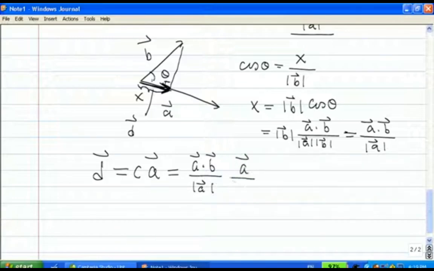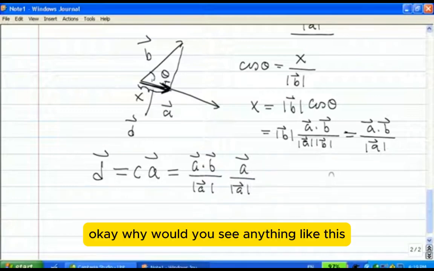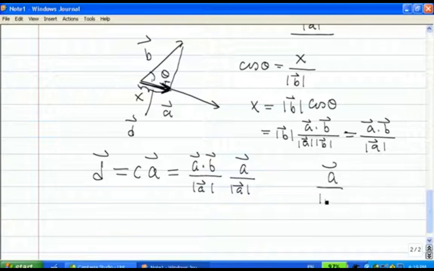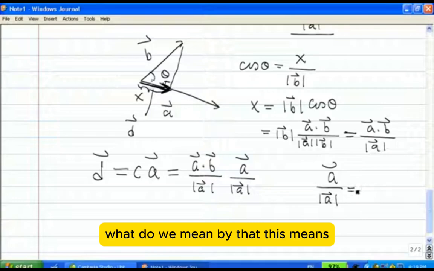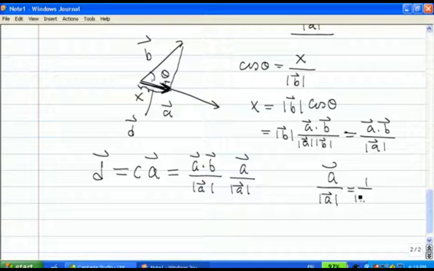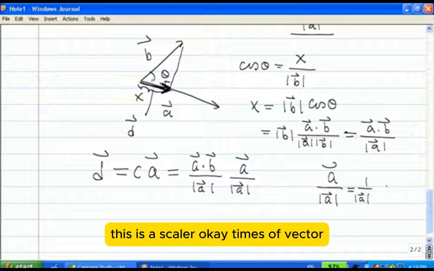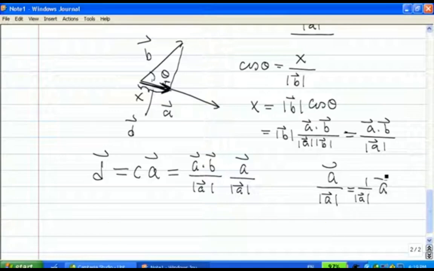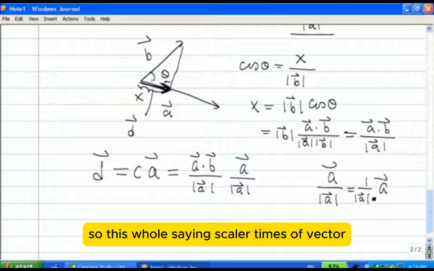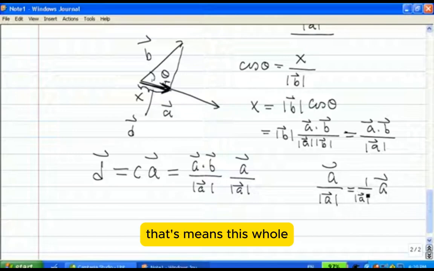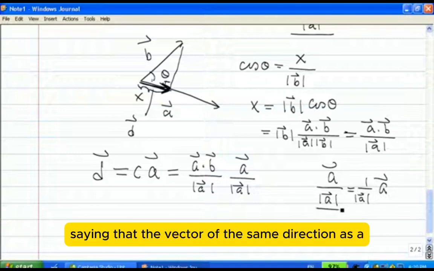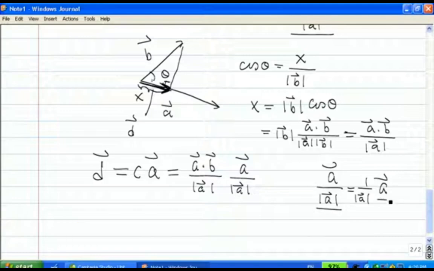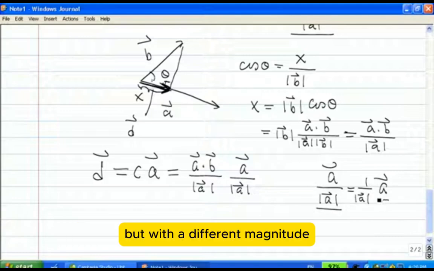Whenever you see something like this, what do we mean by that? This is a scalar times a vector. So this whole thing has the same direction as a, but with a different magnitude.